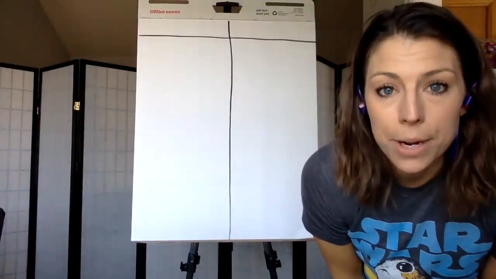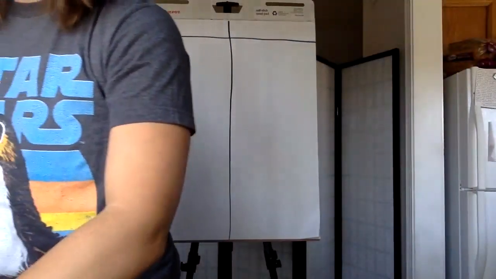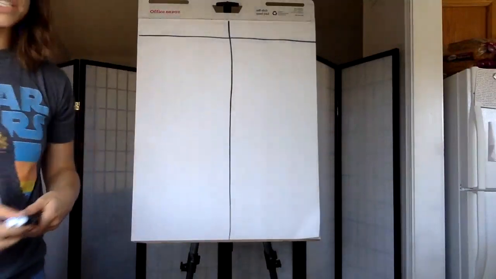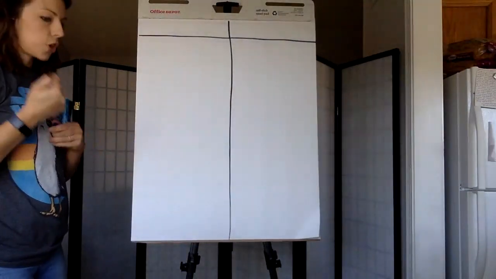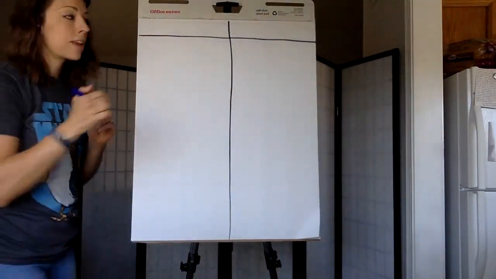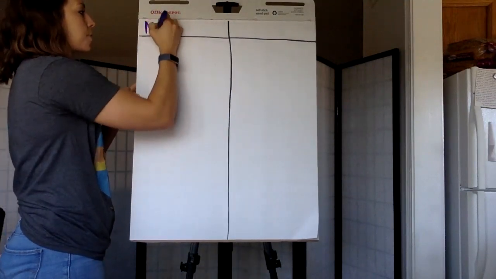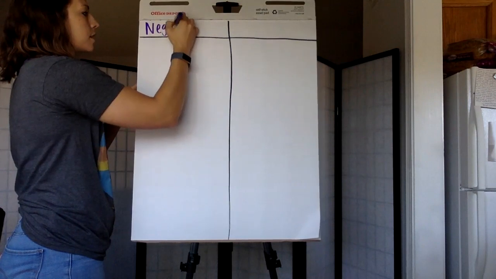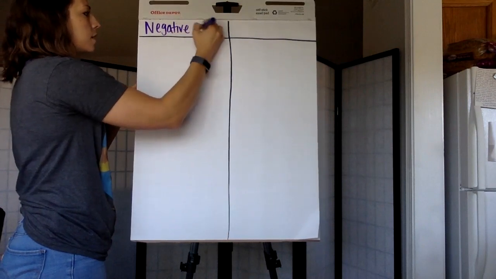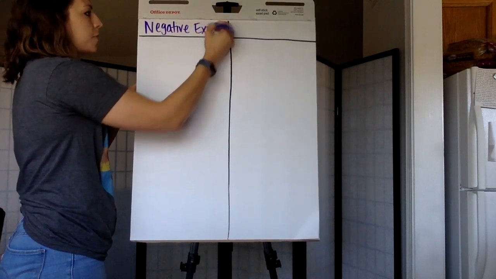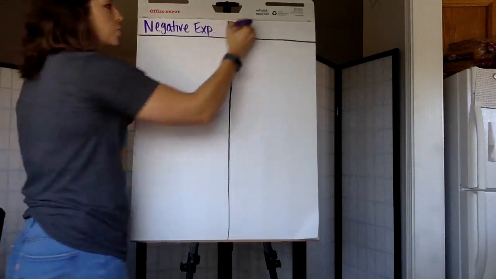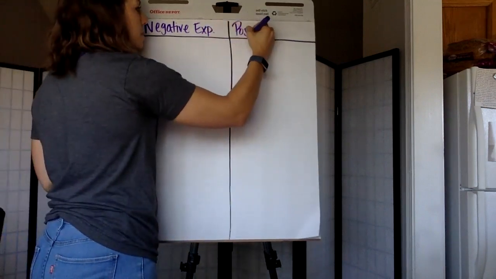Piece of paper, T-chart. Similar to what we were doing in our last video, we're going to compare some equivalent expressions. We're going to compare expressions that have negative exponents, EXP stands for exponent, to positive exponents.